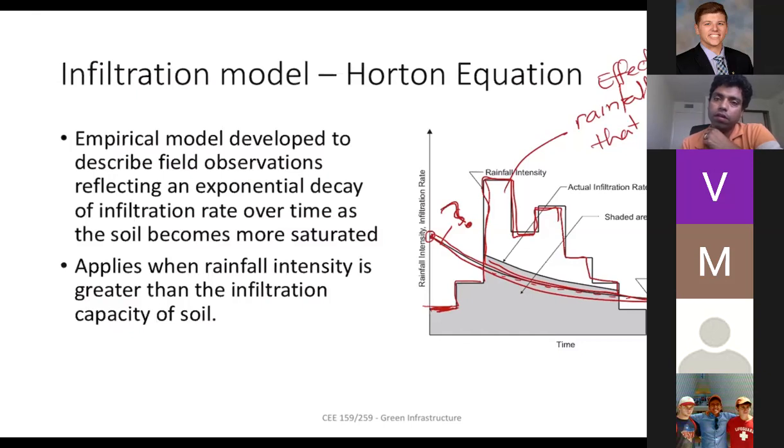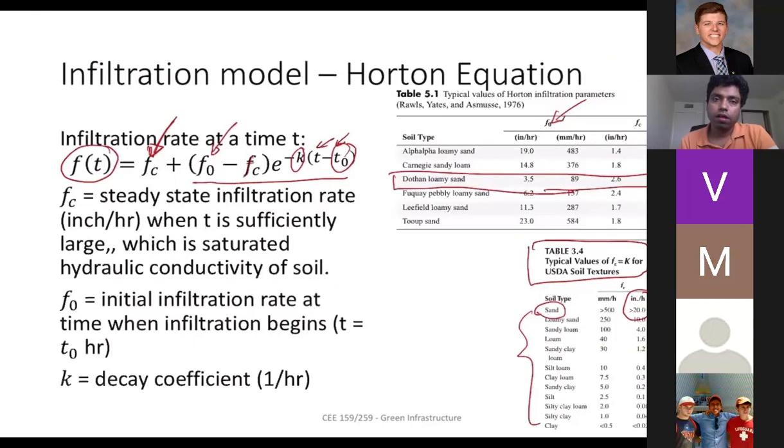Right. Perfect. Thank you, Professor. For instance, in this case, at the end, this area, where the infiltration capacity of the soil is more than the rainfall intensity received at that time, there will be no ponding at that time. Right, right.